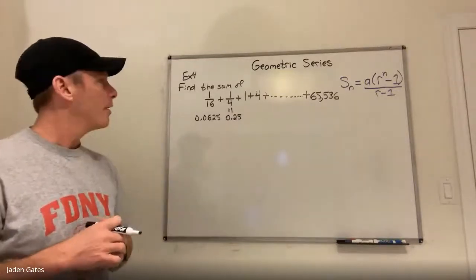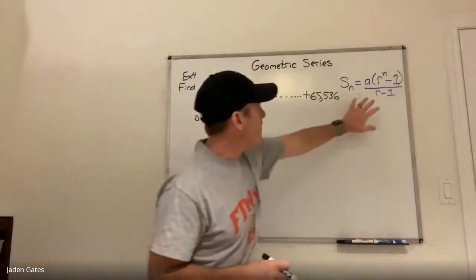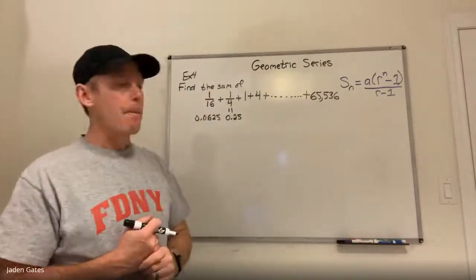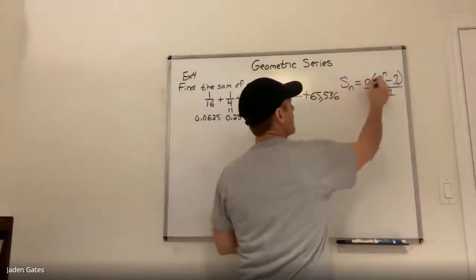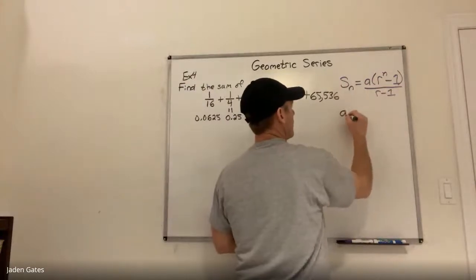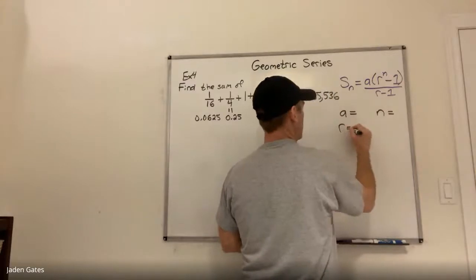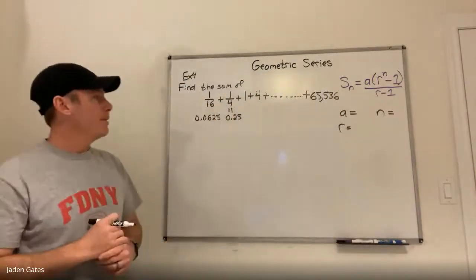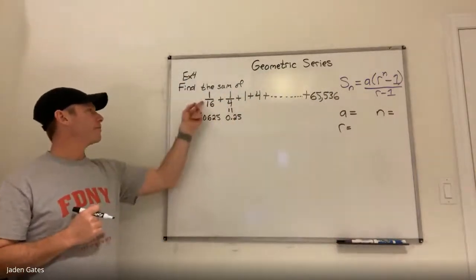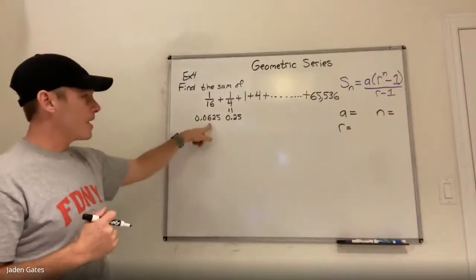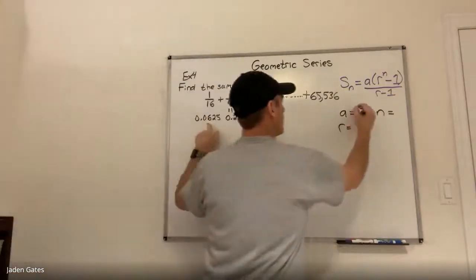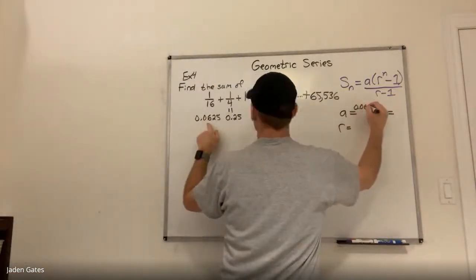It's not done yet. Now, if I'm using my summation formula, I need my A, my N, and my R. A, the first term, I've got it. That's that decimal, 0.0625.